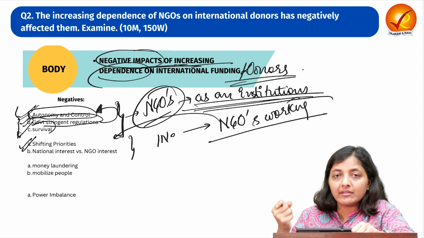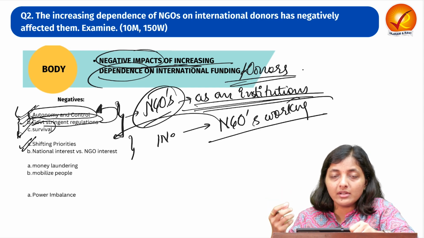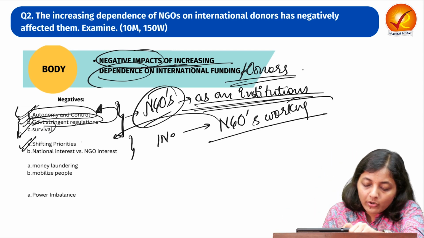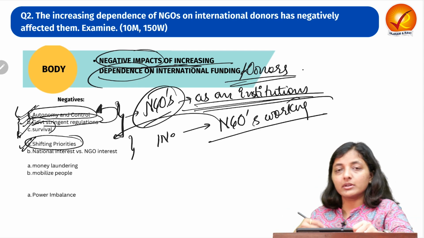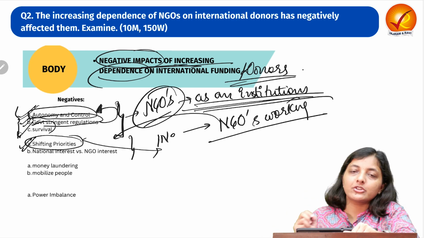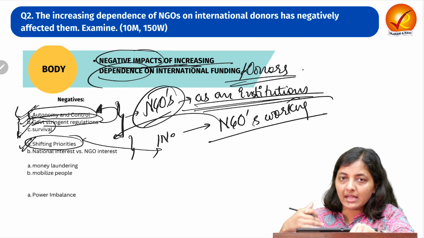They will not even have the resources to operationalize their day-to-day activities. So their priorities will shift from resolving local challenges to international priorities. Whatever they say, they have to abide by it.